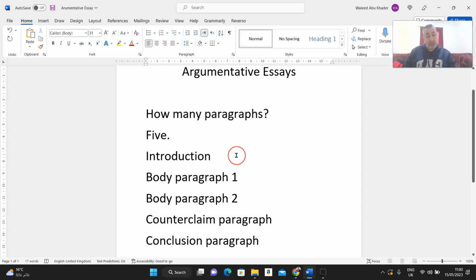The first one is the introduction paragraph, then body paragraph 1, body paragraph 2, and the counterclaim paragraph. In the counterclaim, you mention your opponent's or the other side's opinion and you prove it wrong. This is the job of the counterclaim paragraph.